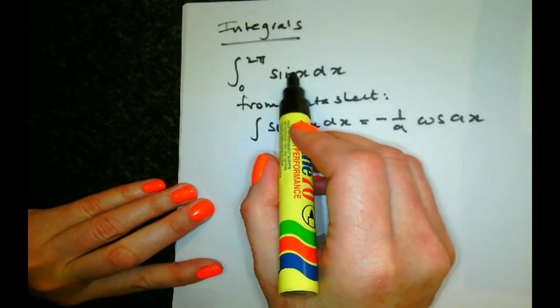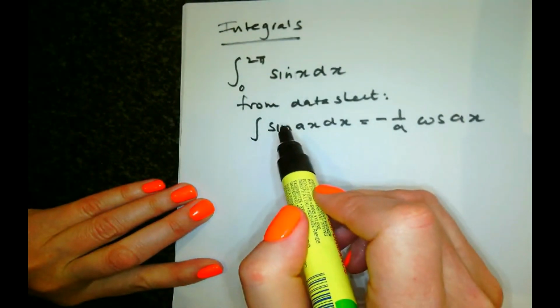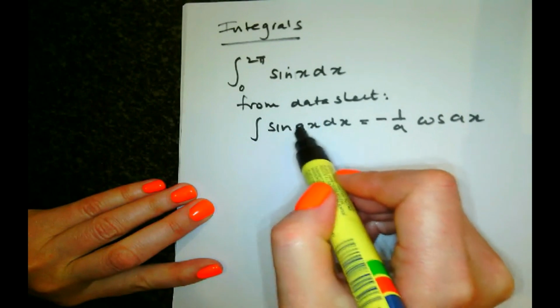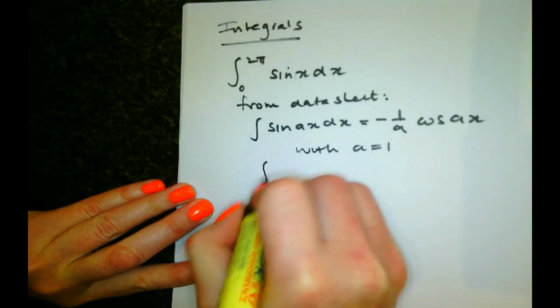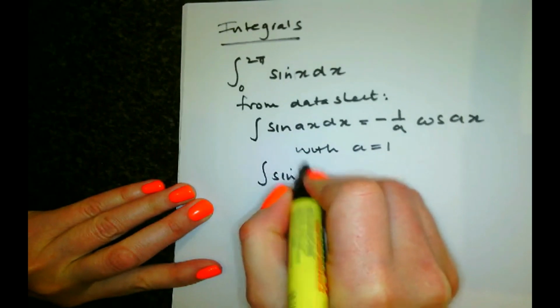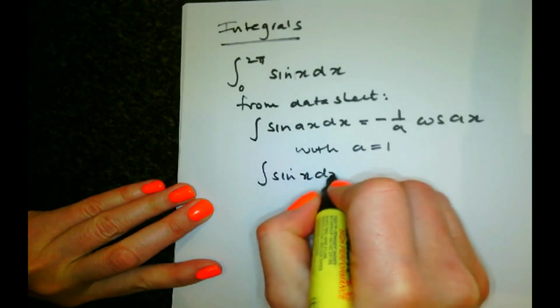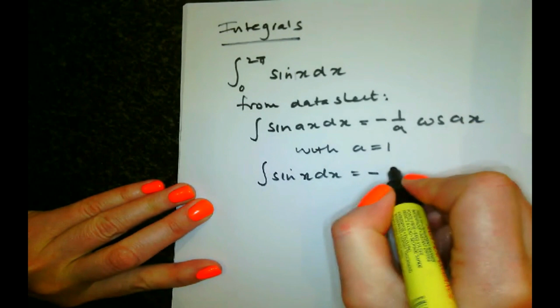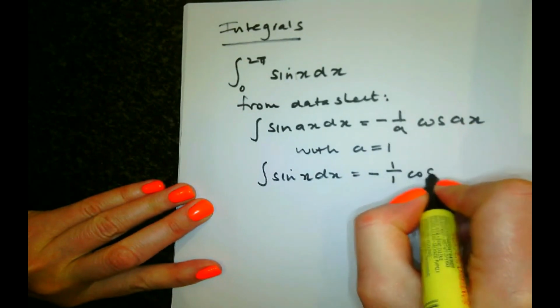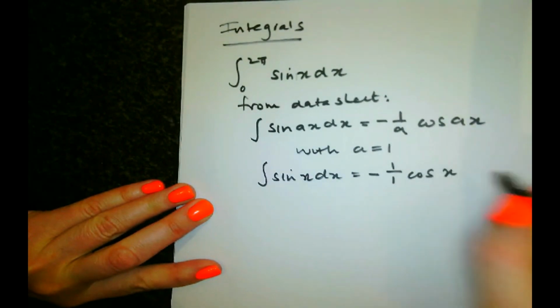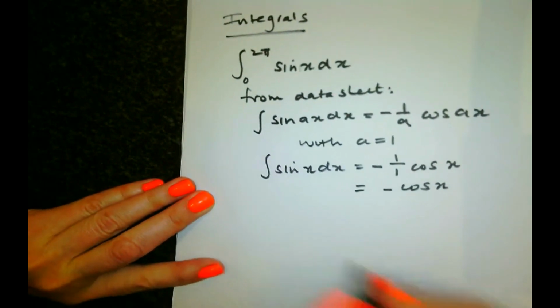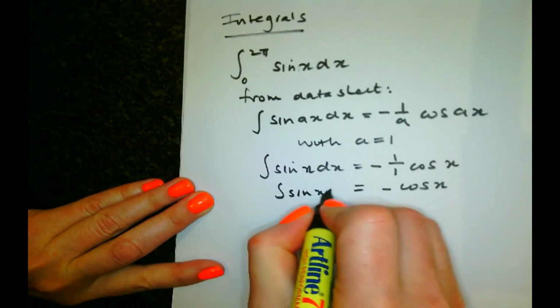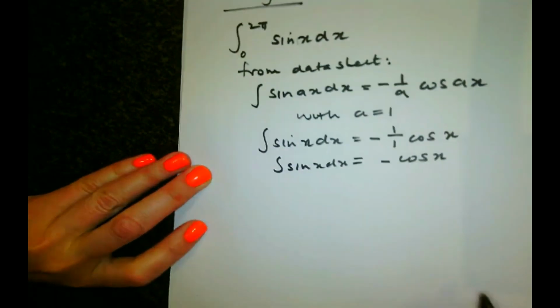If we imagine there to be a 1 in front of the x, we can just make our a 1. So with a equal to 1, this integral in the data sheet becomes minus 1 over 1 cos x. So it is equal to minus cos x. So the integral of sin x dx is minus cos x.